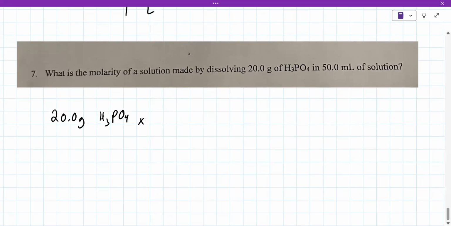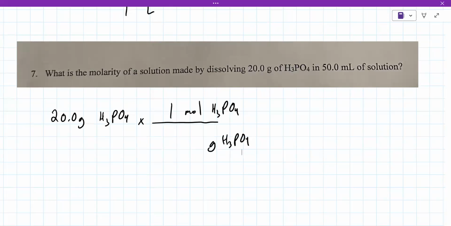You have to first convert the 20 grams of H3PO4 into moles using its molar mass. 1 mole H3PO4 is how many grams H3PO4. So you have to use your periodic table again.